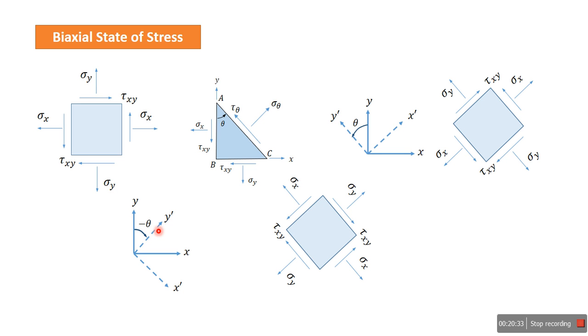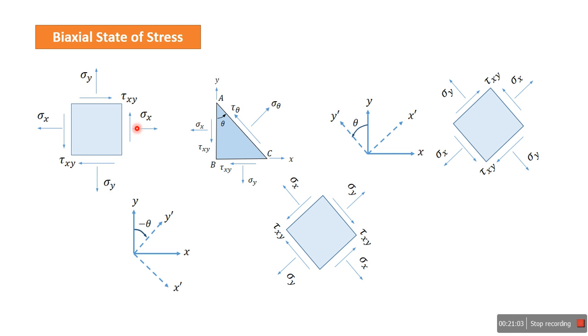So these things are to be considered for the values, and everything is positive here, the positive state of stress, whether in terms of x and y or in terms of x dash and y dash. And let me once again remind what the positive state of stress is. A stress is considered to be positive if the direction and the plane in which the stress is acting are both positive or both negative.